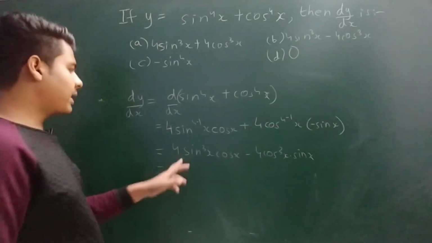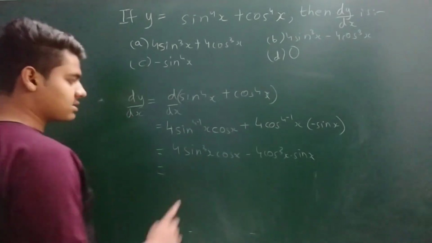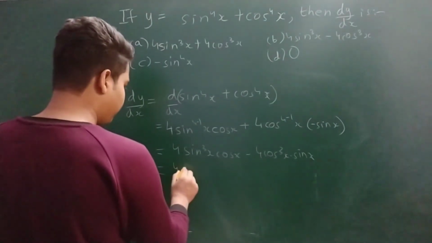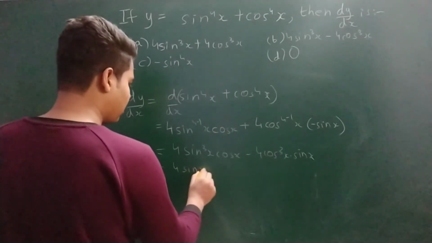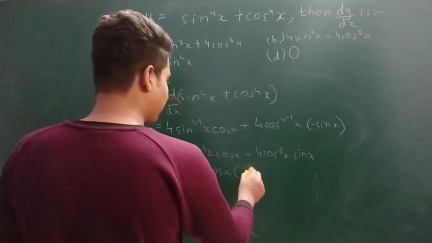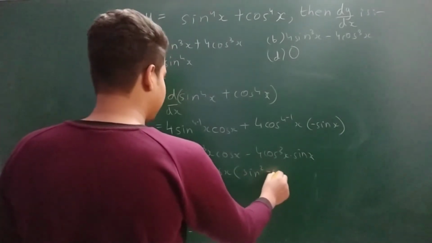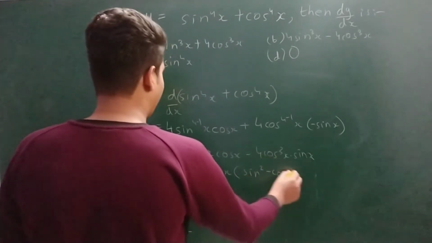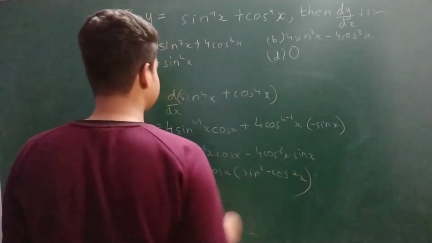From this, we can take 4 sin x cos x common. So it will be 4 sin x cos x multiplied by sin square x minus cos square x.